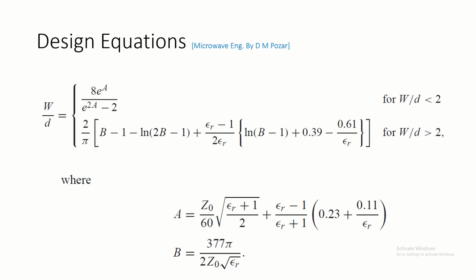And in order to calculate the width of the line, some specification must be given, such as what could be the impedance of the line that we are going to design, what is the dielectric material that you should use, and what is the thickness of that dielectric material. Based on this specification, we can design the width of the line. So these are the equations, well defined, well explained in the book.